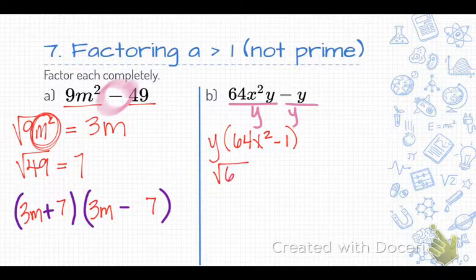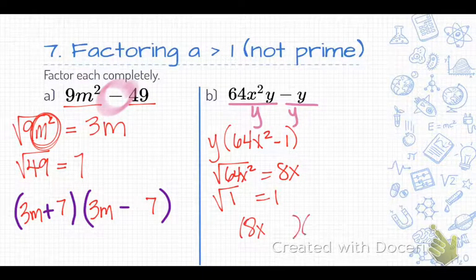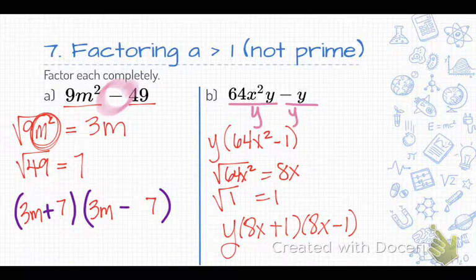What is the square root of 64x squared? Hold on. What is the square root of 1? So that means I have 8x minus 1 plus 1. And what am I missing in that answer? My GCF, my y. Okay, thank you.